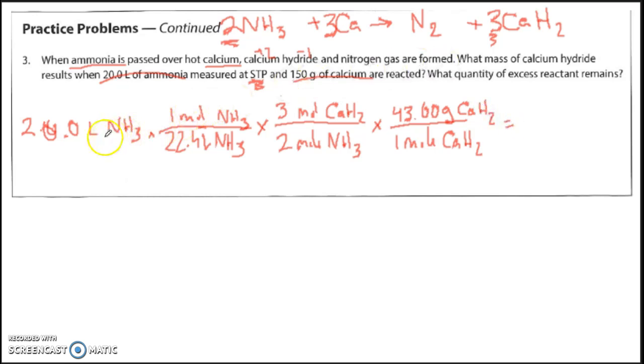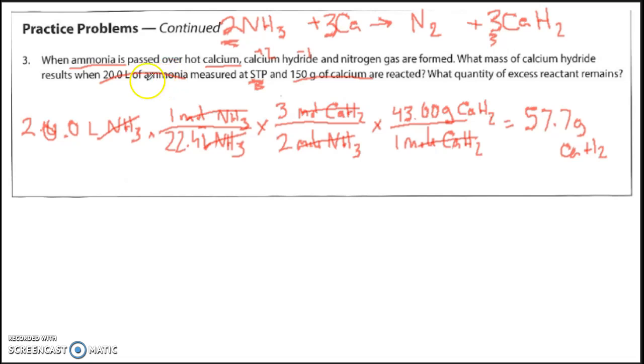Okay, so my liters NH3 cancels, moles NH3 cancels, moles calcium hydride cancels, leaving me with grams of calcium hydride. So I started off with 3 significant figures, so I'm going to write out my mass to 3 significant figures, punch all that in the calculator, and I would get 57.7 grams of calcium hydride.